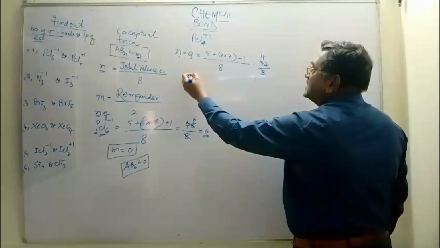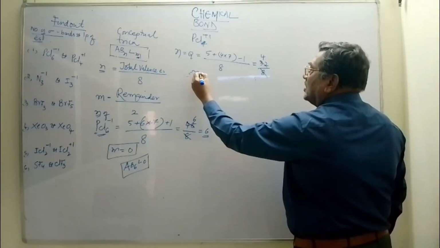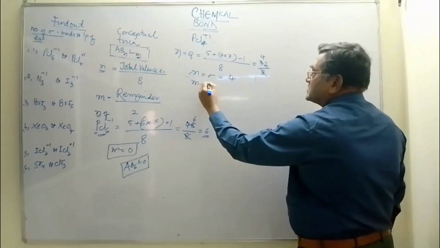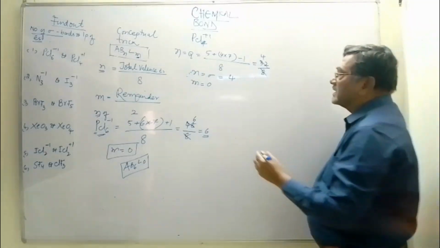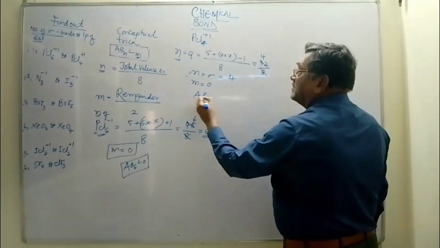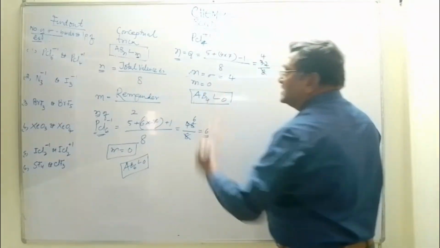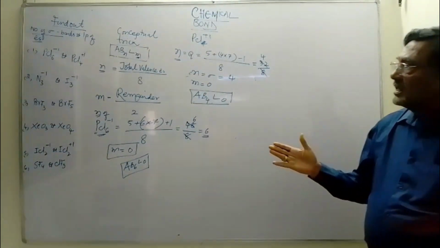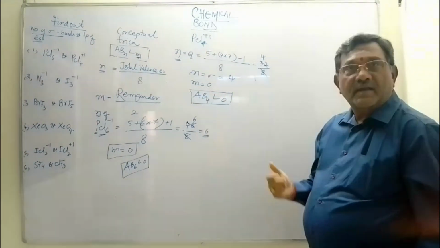So the bonded atoms are 4, the number of sigma bonds is 4, and m is 0 because we don't have any remainder. What's the general formula of this one? AB4L0. This is the simplest way to find the number of sigma bonds and also lone pairs of electrons.